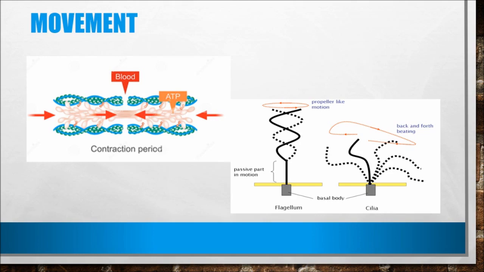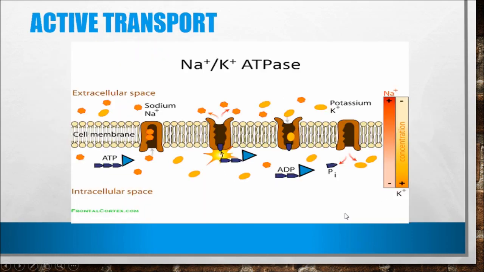Energy is also used in movement within the body, like in the circulation of blood, and for the movement of the body itself. For the movement of the body itself, there is contraction of muscles, movement of flagella, and movement of cilia.